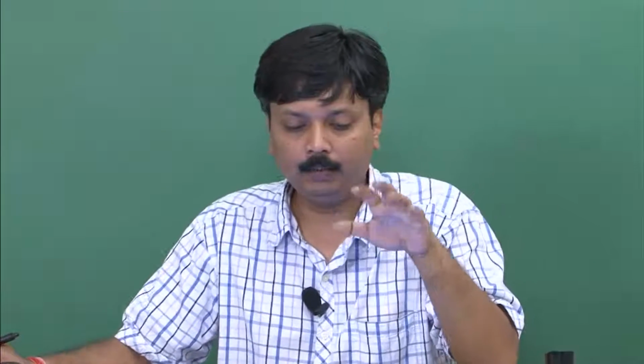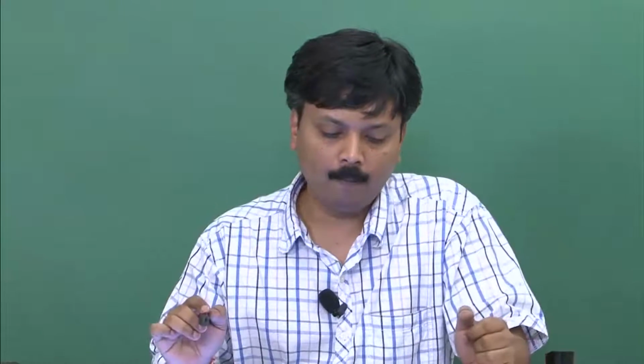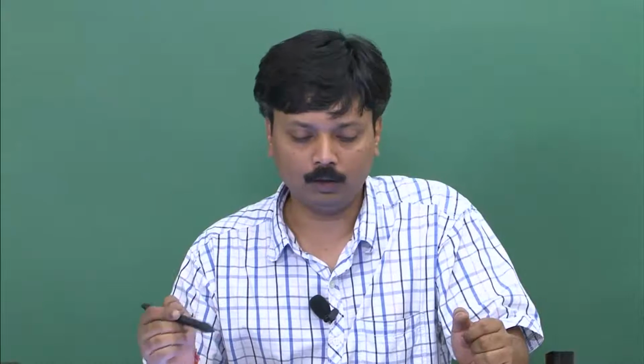So, when I look at cyclooctatetraene, you need to know that this is a 3-dimensional structure like what is shown on your screen. So, it's like a boat, right. Cyclooctatetraene also has alternating double bonds.